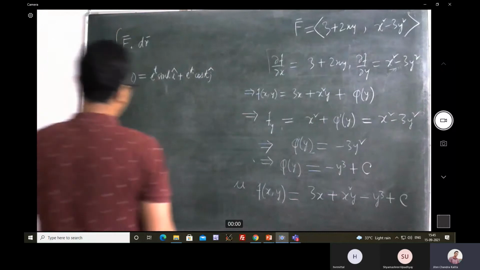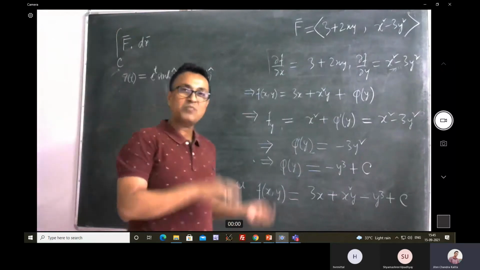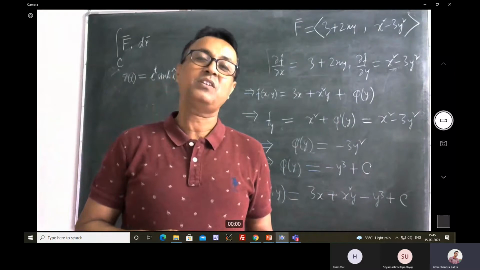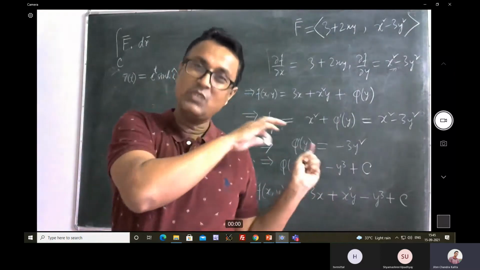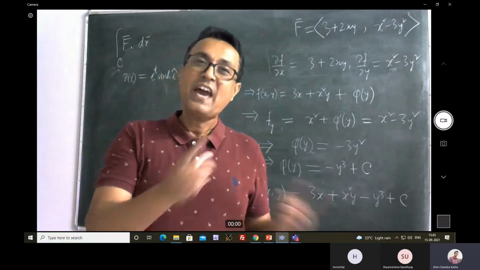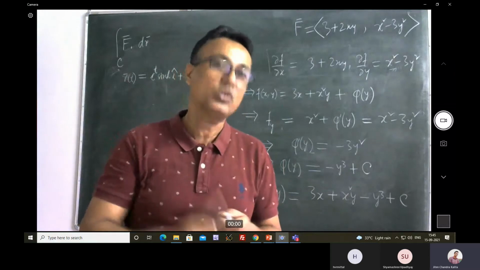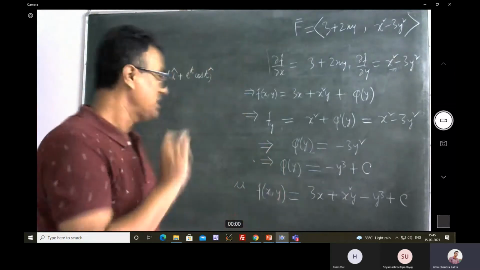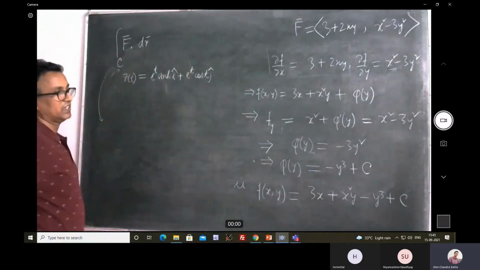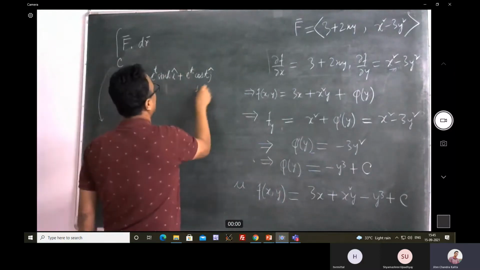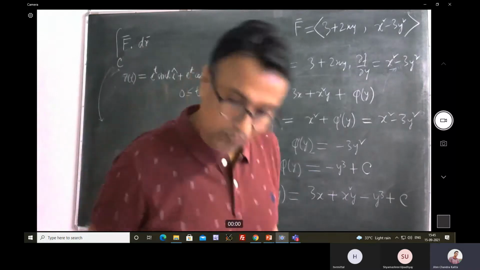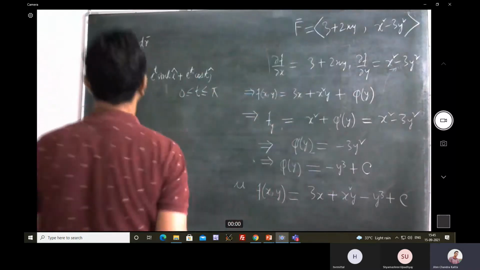Okay. So, in fact, I'm trying to come to the utility of using capital F as a conservative vector field. You will see. Now, say if I want to evaluate it directly, and of course here t lies between 0 to pi.